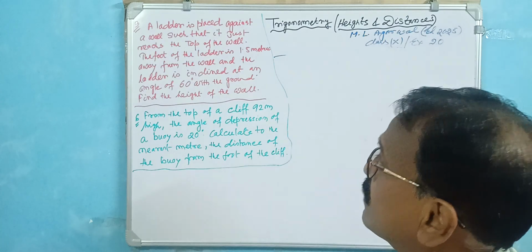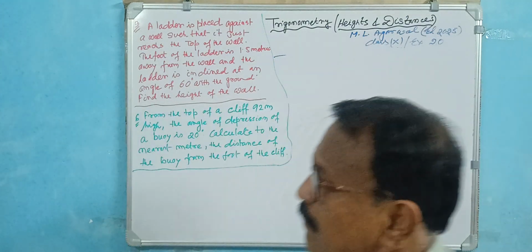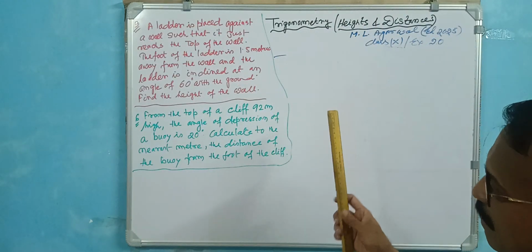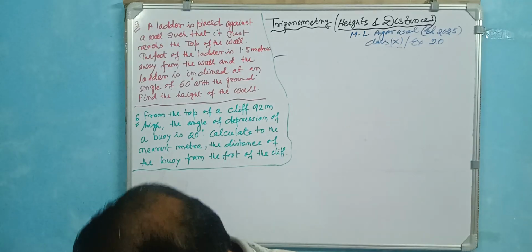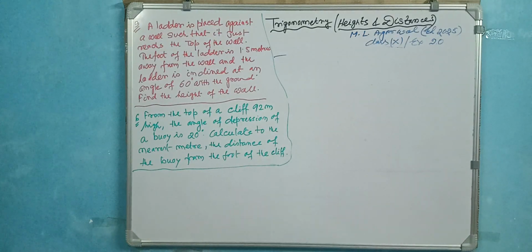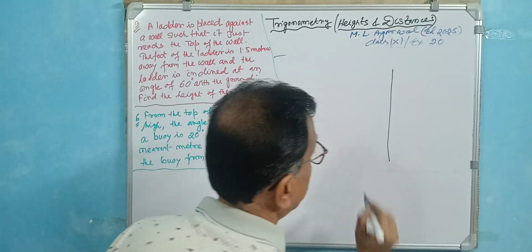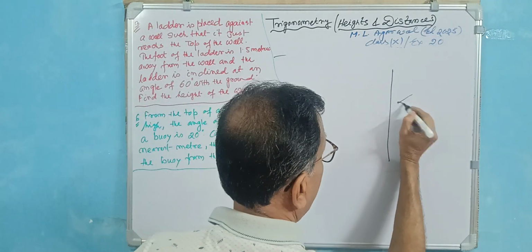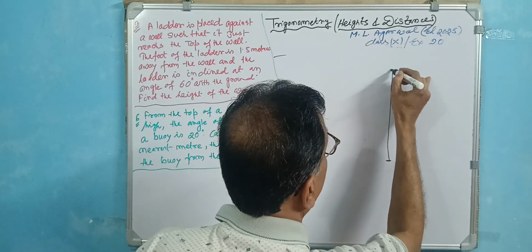A ladder is placed against a wall. Suppose this is a wall. So draw a right angle triangle. This is the base of the wall, and this is the maximum height.